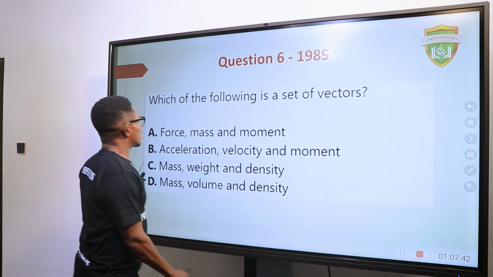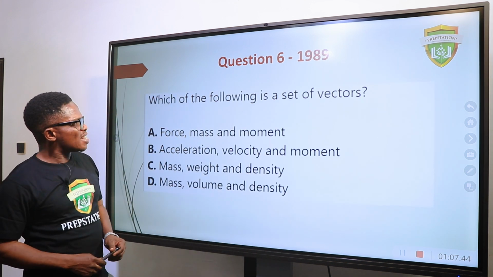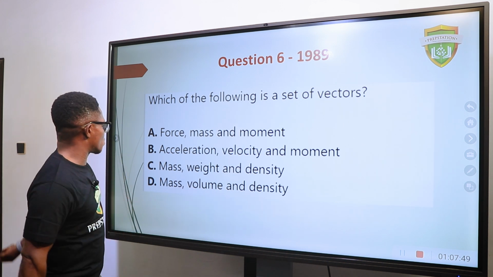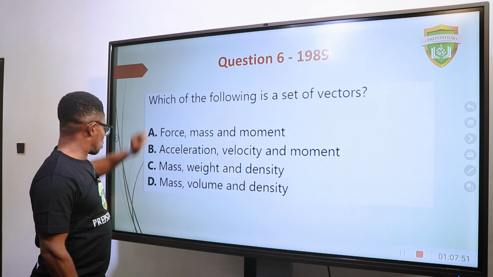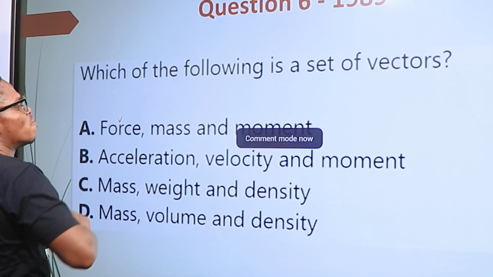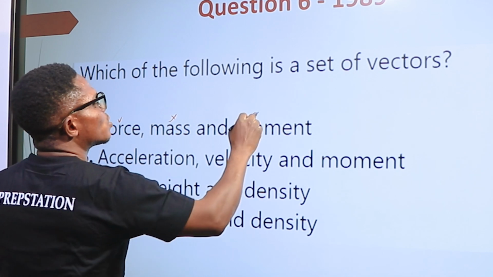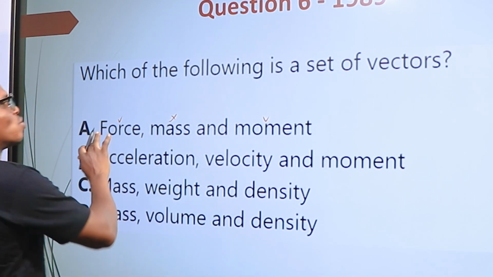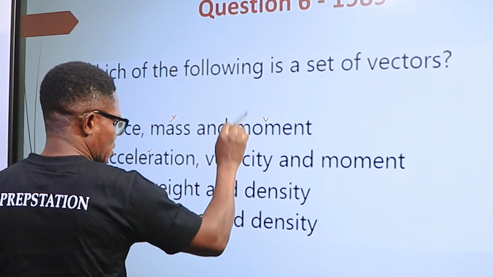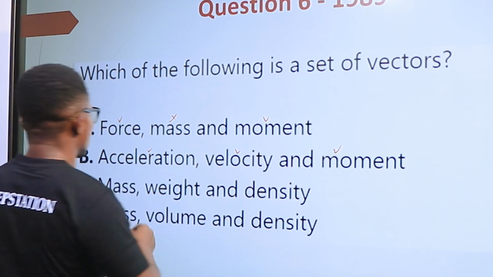All right, let's look at another question. Which of the following is a set of vectors? Okay, force. Let me use my marker here. Force is a vector, mass is not, moment is. So that cannot be the answer. Acceleration is a vector, velocity is, moment is.